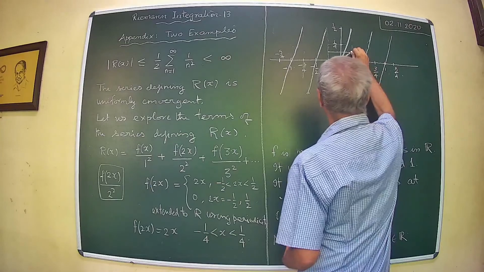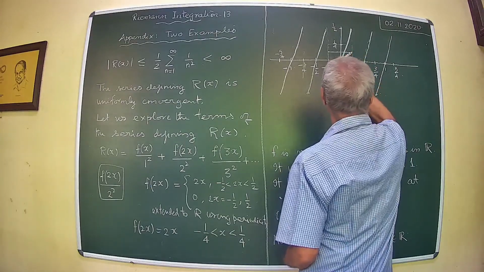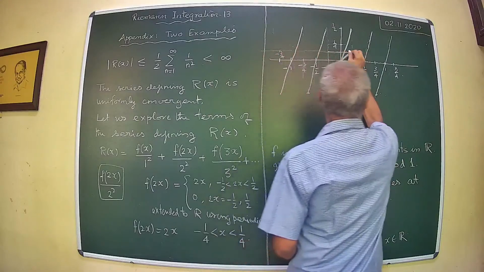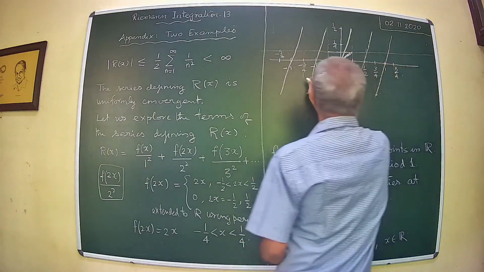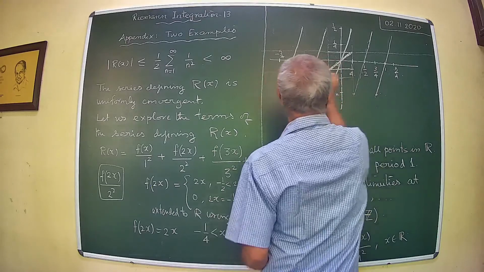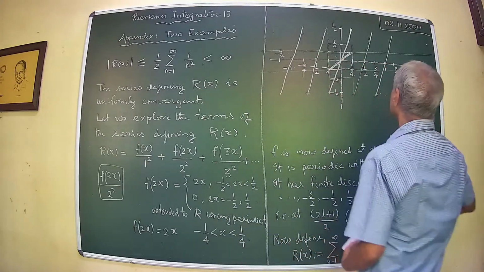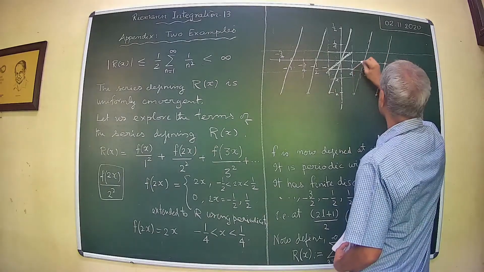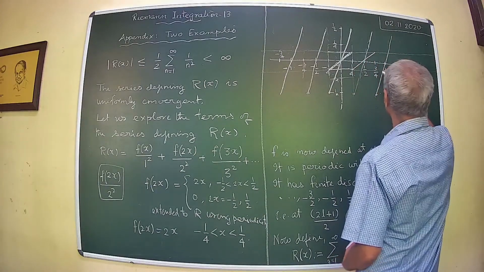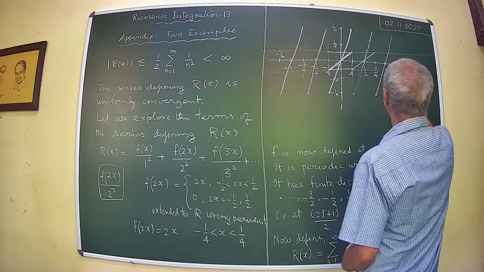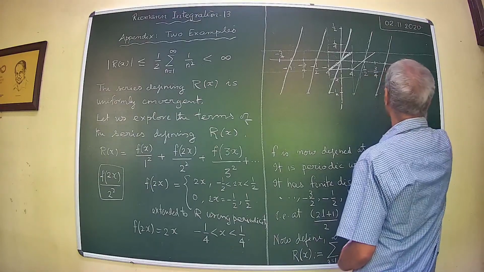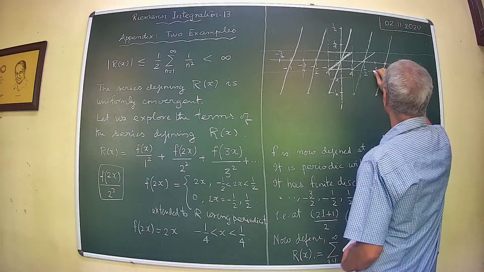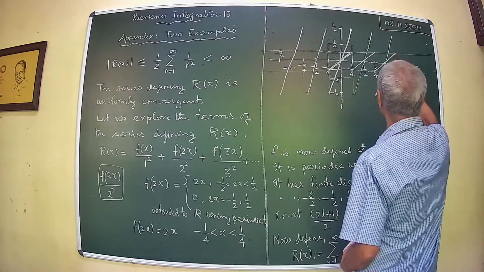Something like this. So everywhere the function is like this, and over this part, it is going to be something else.